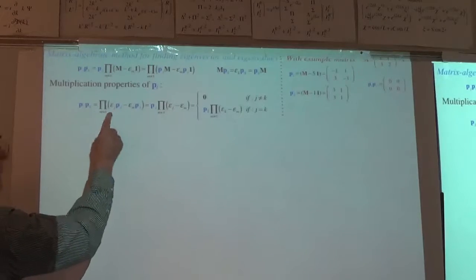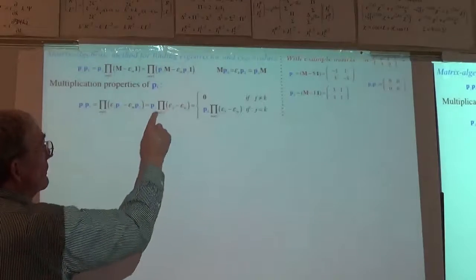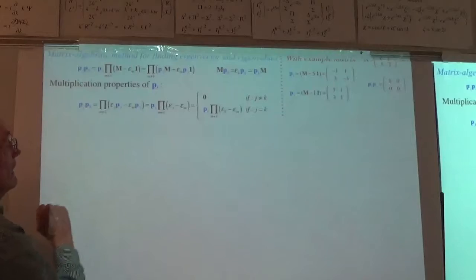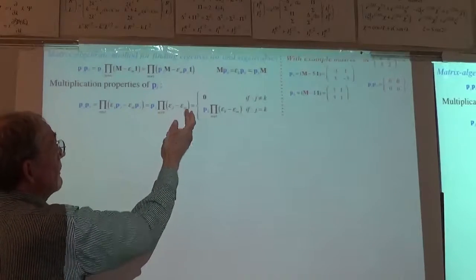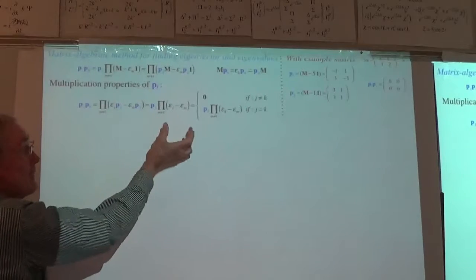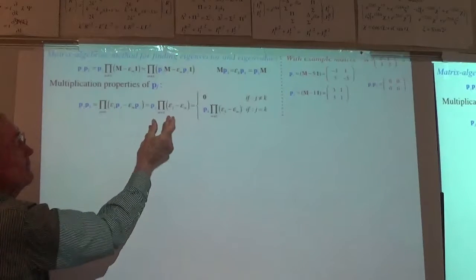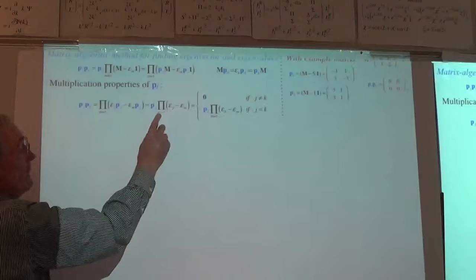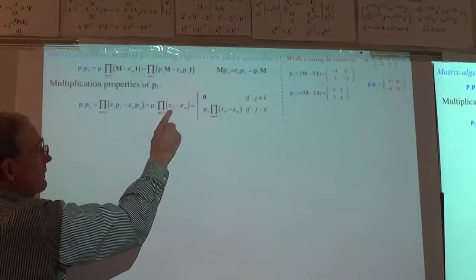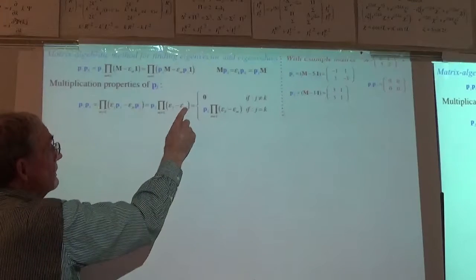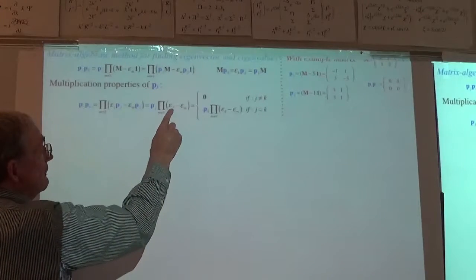So here's the Pk being put in there, and then I take this thing out and get just a product of epsilon j minus epsilon m. Now remember, we said none of these eigenvalues can be equal to another one. So with m not equal to k, I'm going through all of these m's here, leaving j alone.